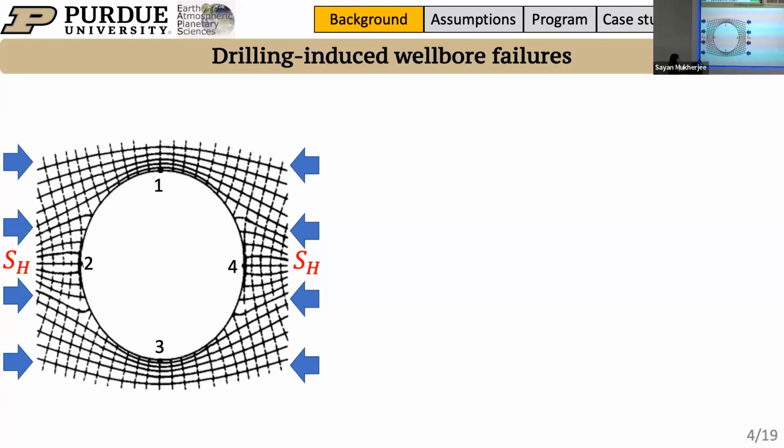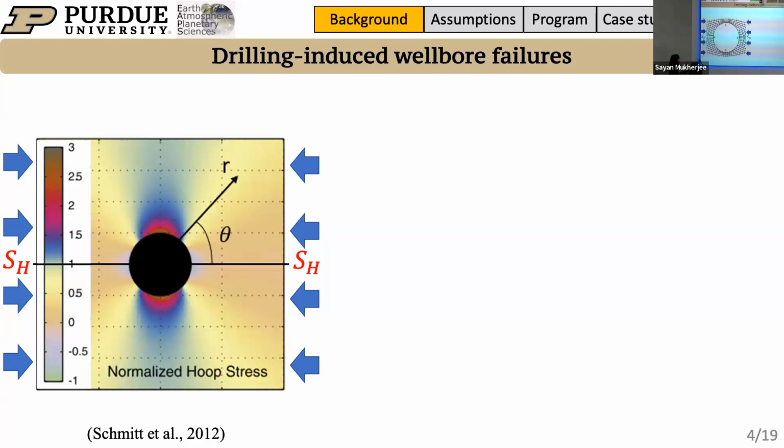And if we show the stress quantitatively, we could see that if we apply the far-field stress at SH, the stress experienced in the top and bottom direction is actually 3 times SH. It means that we are experiencing more stress there. In contrast, at the left and the right direction, even though we apply compressive stress, the stress experienced at that location is actually tensile stress.